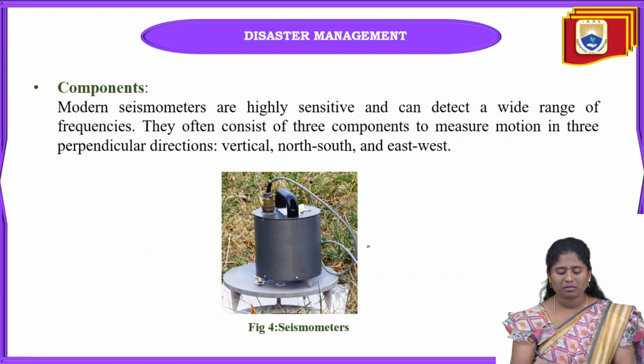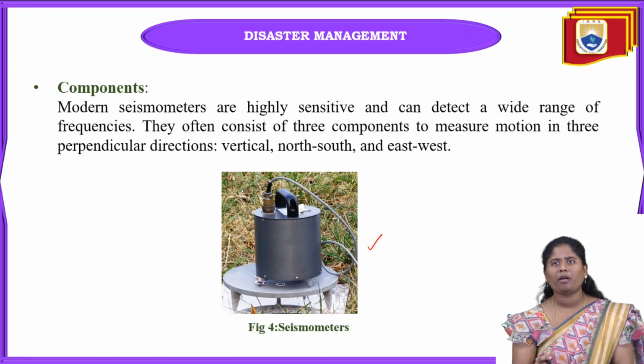Here you can see a picture of a seismometer placed on the ground surface. By placing it there, we come to know everything: how the seismic waves started, with how much magnitude, and what the impact was. Overall, it shows this in graphical representation.